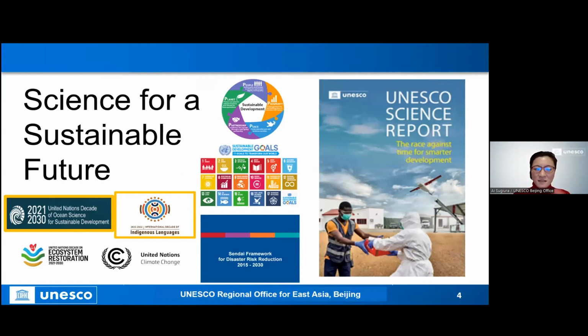And in the UN, we have decades dedicated to specific themes with a lead UN agency to coordinate. There are several that UNESCO is leading. One on ocean science for sustainable development, and another one on indigenous knowledge.